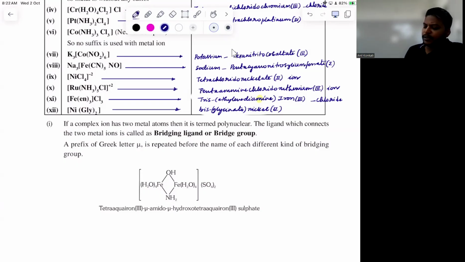If you have Na3 there, isn't it? If it was Na4, then it would show plus 2. Got it? Even if you have neutral NO, what would have been the charge there? Because neutral NO is a 3 electron donor, isn't it? 3 electron donor means again you'll have a similar thing only. Clear?